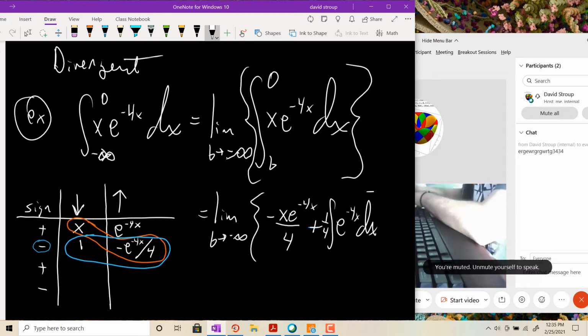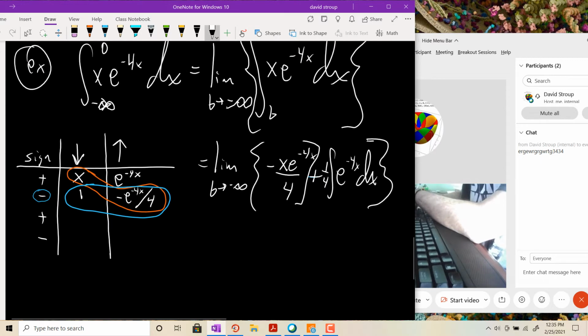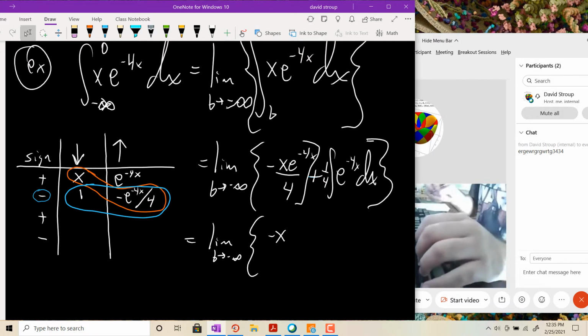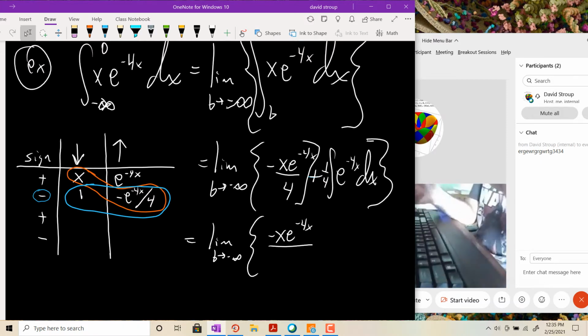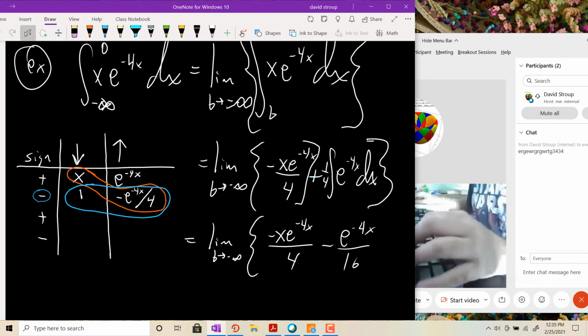Of course, we have to evaluate all of this at the end. So that's going to give you the limit as b goes to negative infinity of negative xe to the negative 4x over 4, and then minus e to the negative 4x over 16, evaluated from b to 0.